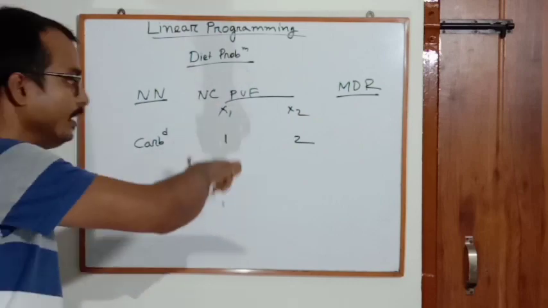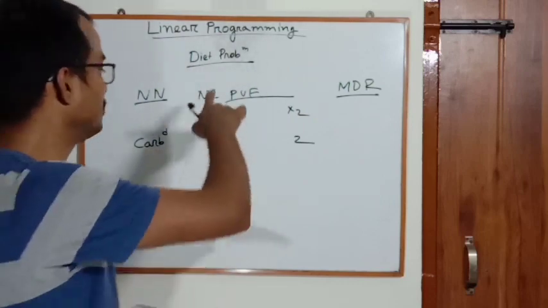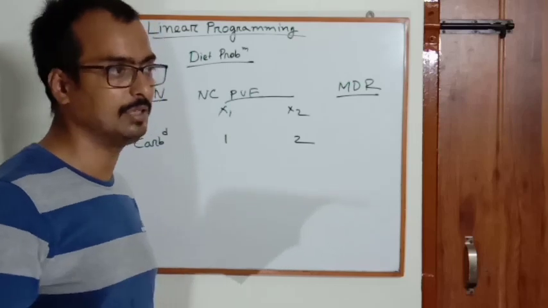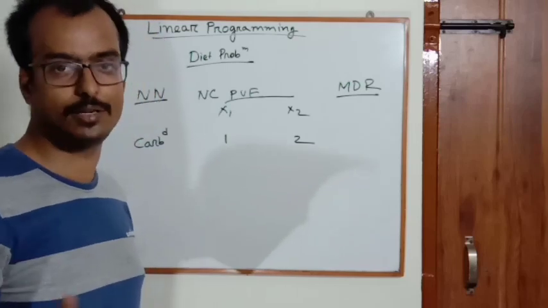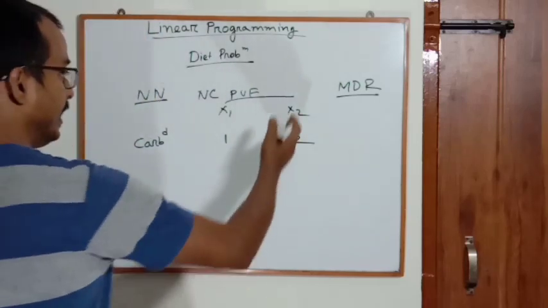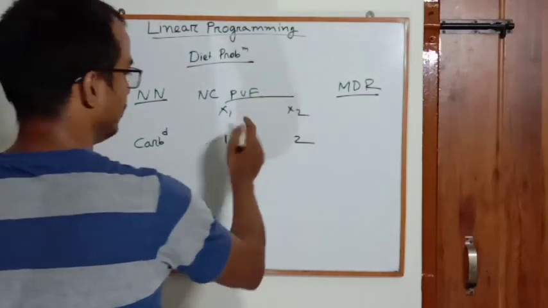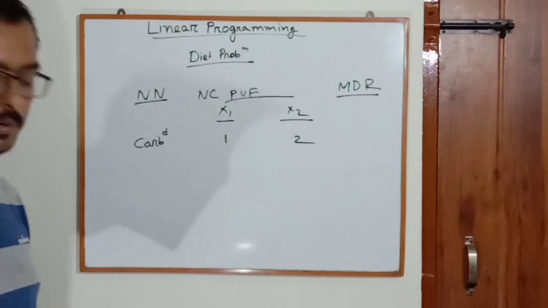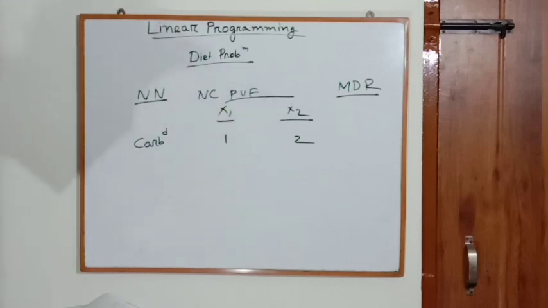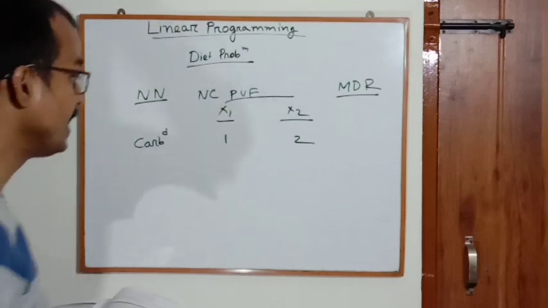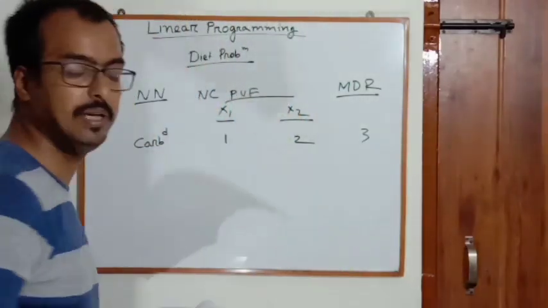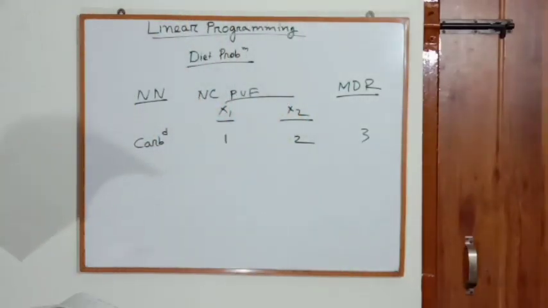In roti, in 1 unit of roti, 1 unit of carbohydrate is there. So 1 unit means maybe 10 gram, maybe 100 gram, whatever. Here in that food, whatever food it may be, x2, it contains 2 gram of carbohydrate, and maximum daily requirement must be equal to 3.